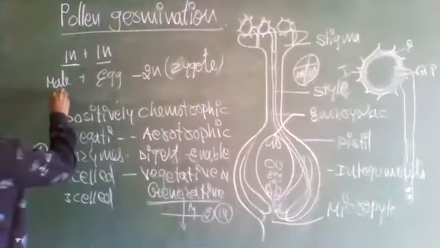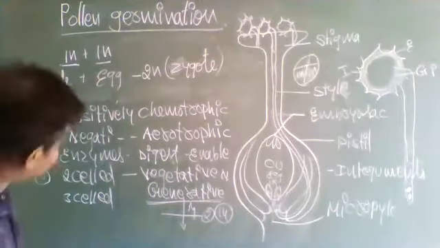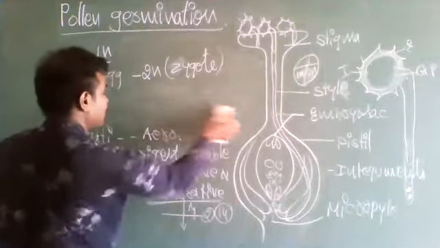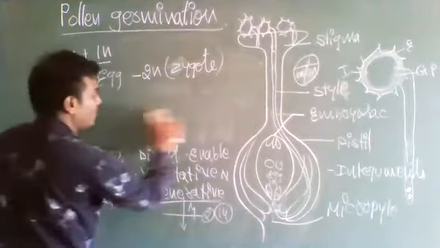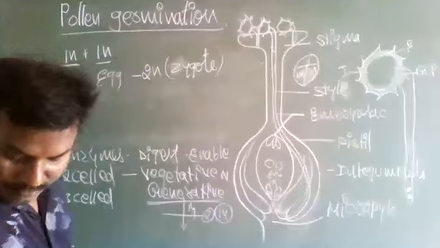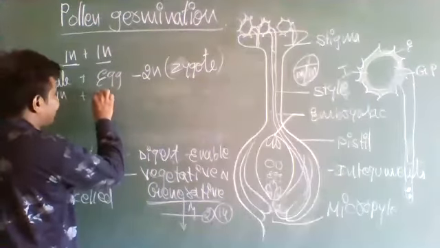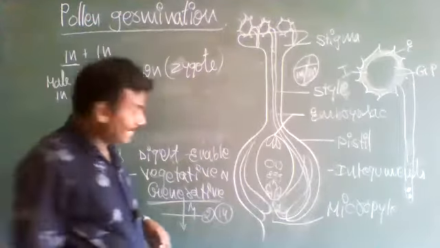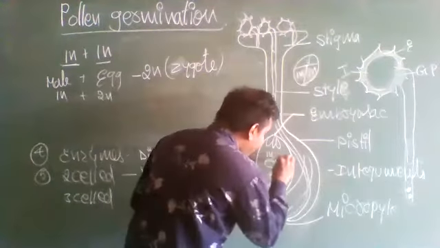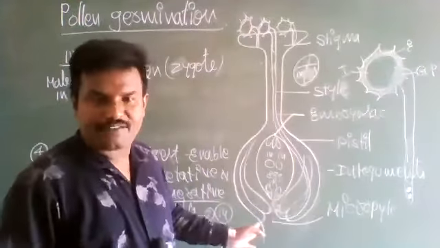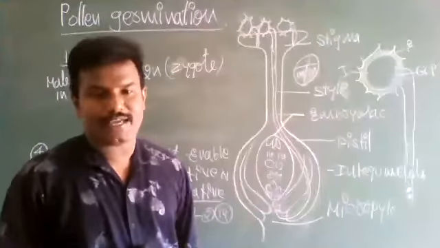Next, one male gamete is finished and one more male gamete is present. That one more male gamete combines with the secondary nucleus. When the embryo sac is formed, two haploid nuclei are formed.